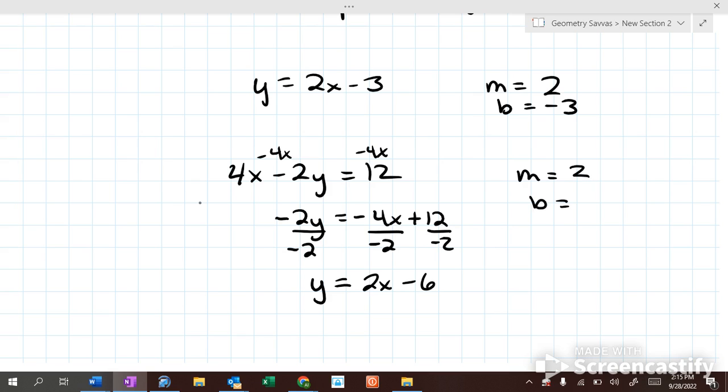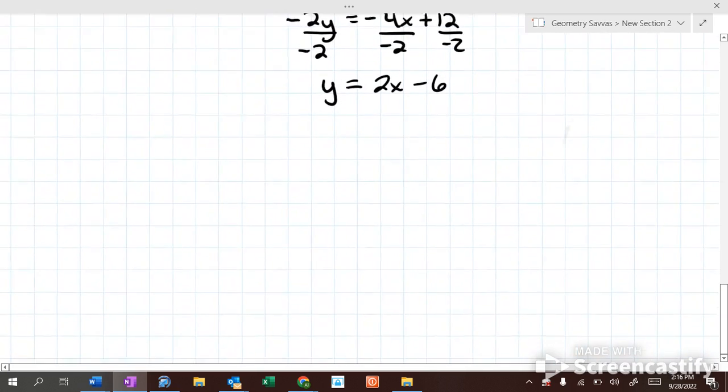What's my y-intercept? Okay. My slope is 2. My y-intercept is negative 6. All right. So I know how to find slope and y-intercept if y is alone, and if it's not alone, we get it alone. Okay?